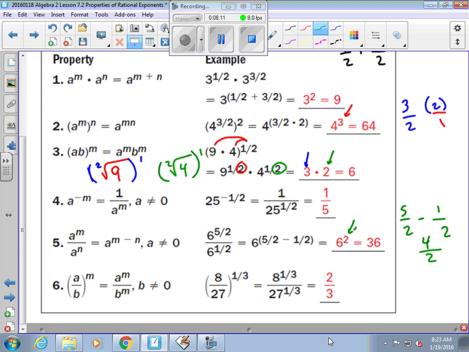Just like raising something to the 1/2 power is taking the square root of it, raising something to the 1/3 power is taking the cube root of it. Again, if you need to write this in radical form, it would say the cube root of 8 to the first power. The same thing with 27, the cube root of 27 to the first power. Or again, raising something to the 1/3 power is the same thing as taking the cube root of it.